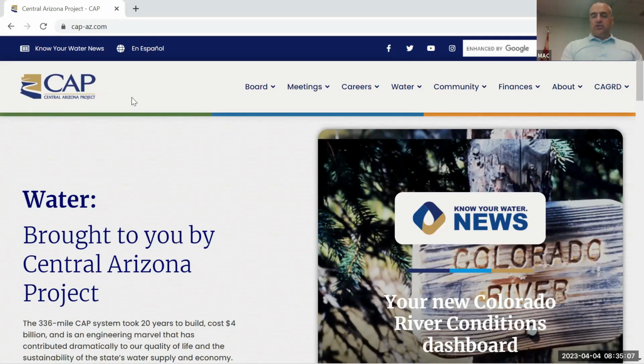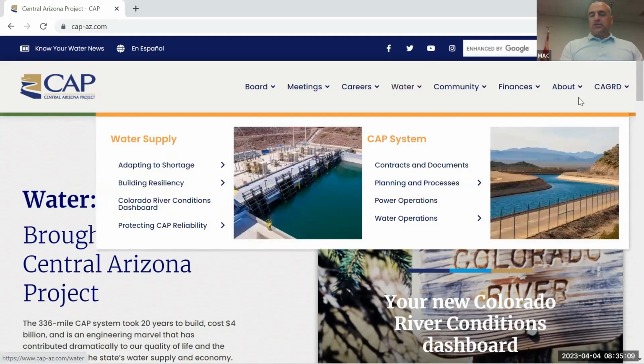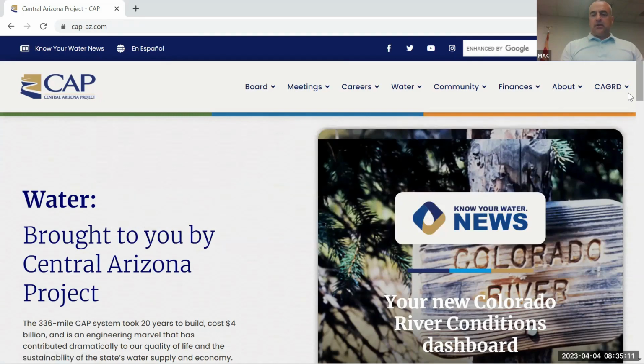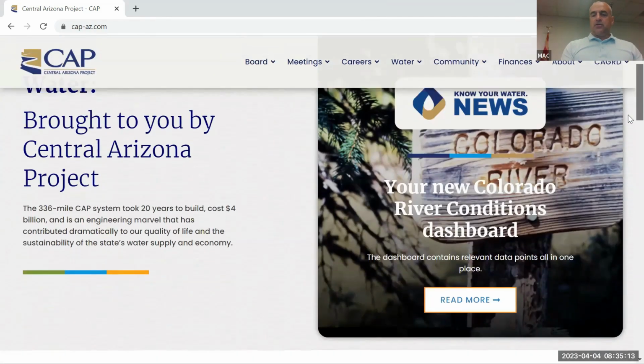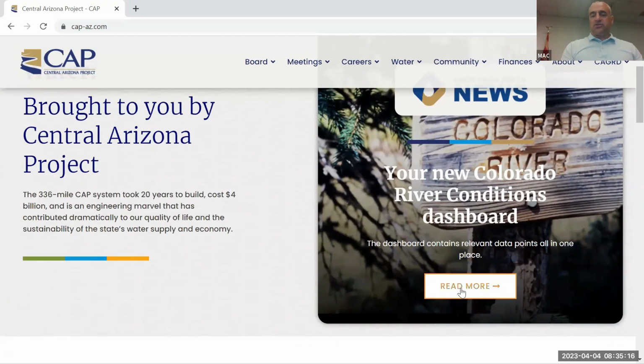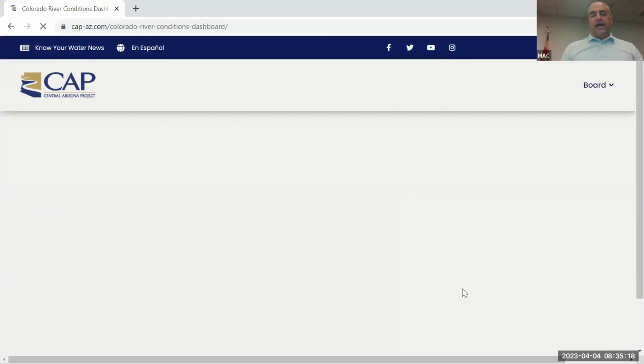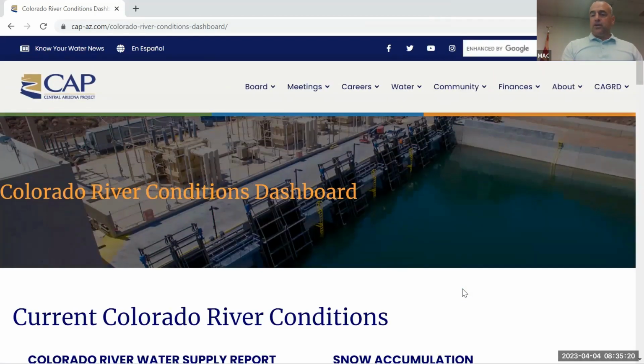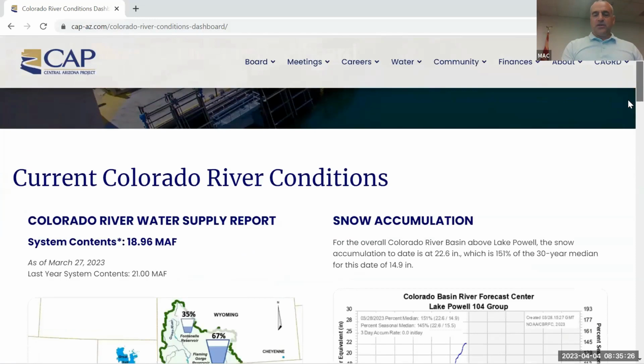If you go to capaz.com, it's right here: your new Colorado River Conditions Dashboard. It's on the front page. Read more, bang. And there you go. Drops you into it. Even I can do that. Yeah, if I could do it, you could do it.